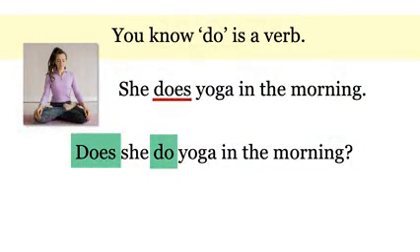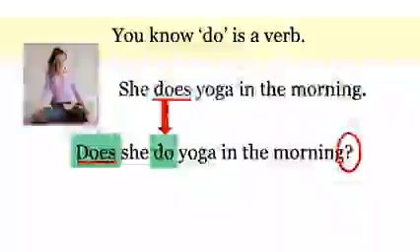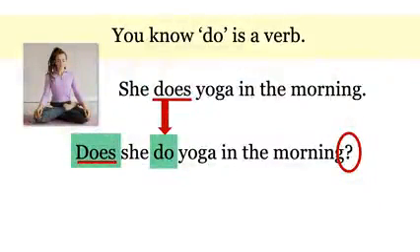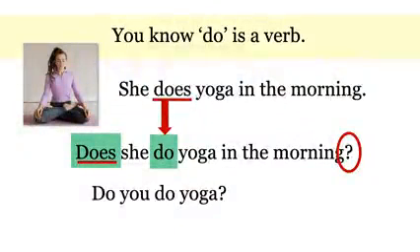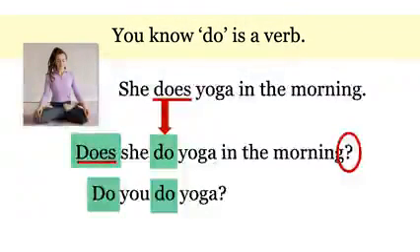So this does here is this do in the question. And this does here is just the does that we use to ask the question. It can be confusing. It may sound strange, but I can ask you, do you do yoga? And now we have two do's in one sentence. But again, the first do is to ask the question, and the second do is the main verb.